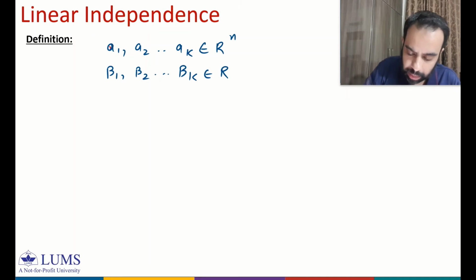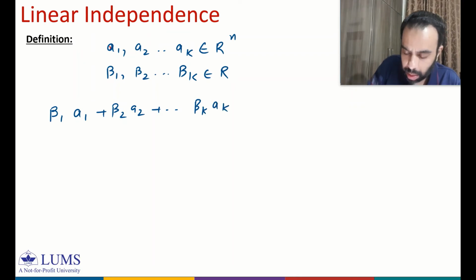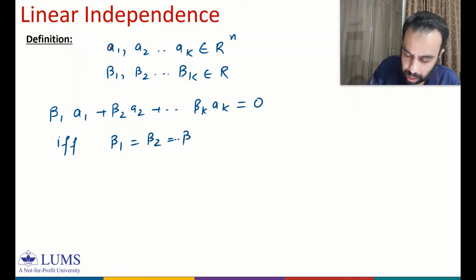So these k vectors are linearly independent if beta1 A1 plus beta2 A2 plus so on, their linear combination, is equal to 0 if and only if beta1 equals beta2 equals beta k, and that is equal to 0.